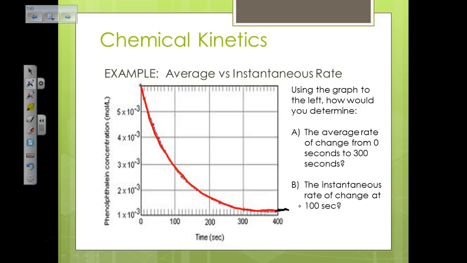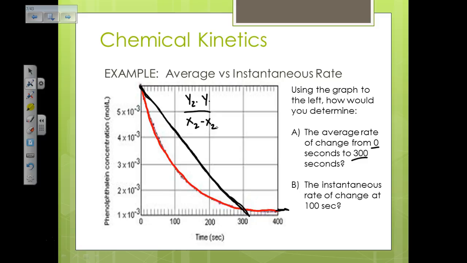So how do we figure out the average rate and the instantaneous rate? Well, if we're going to do this graphically, from 0 to 300 seconds, for the average rate of change, you draw a straight line, and then you can find the slope of that line, or you can do y2 minus y1 over x2 minus x1.